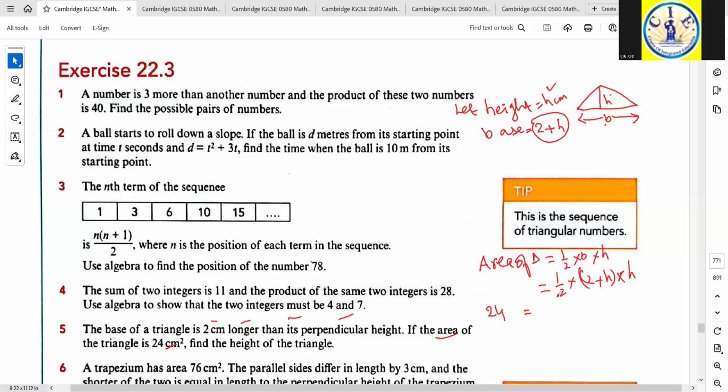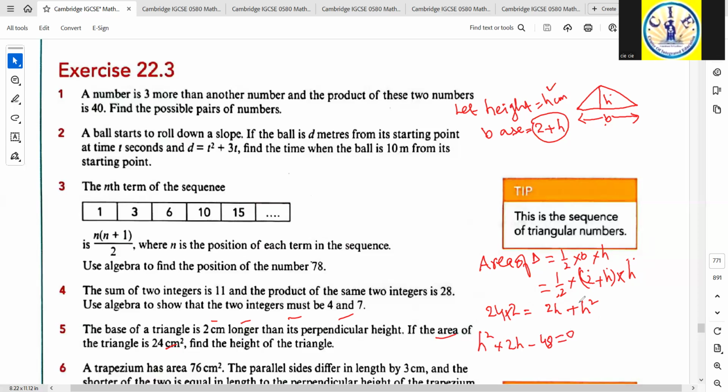Now I'm shifting this 2 to that side. It will get multiplied with 24, and from the right side I have 2 times h, that is 2h, plus h times h, that is h squared. So the equation is going to be h squared plus 2h minus 48 equals 0.